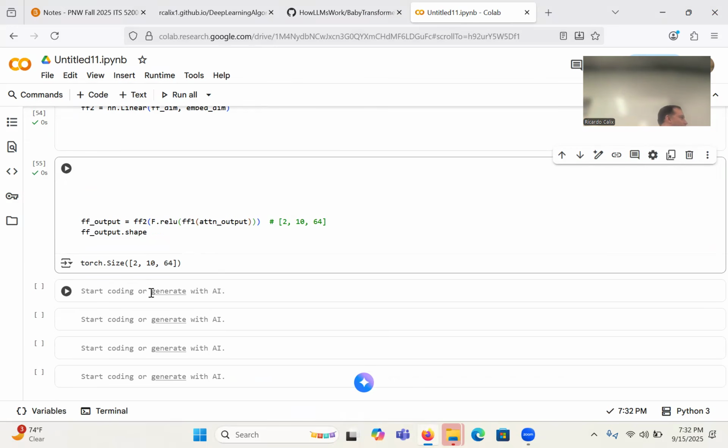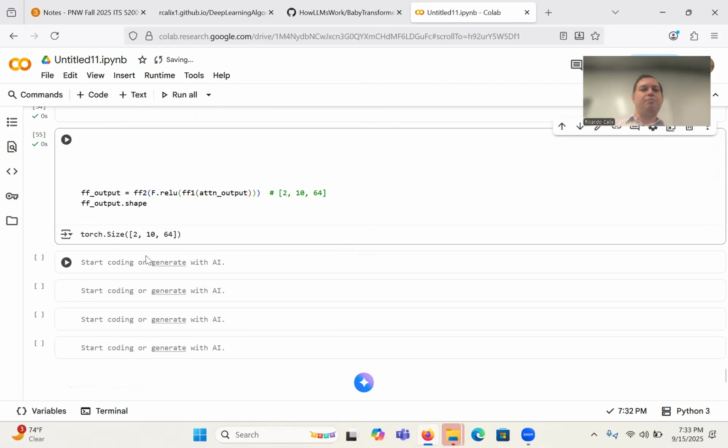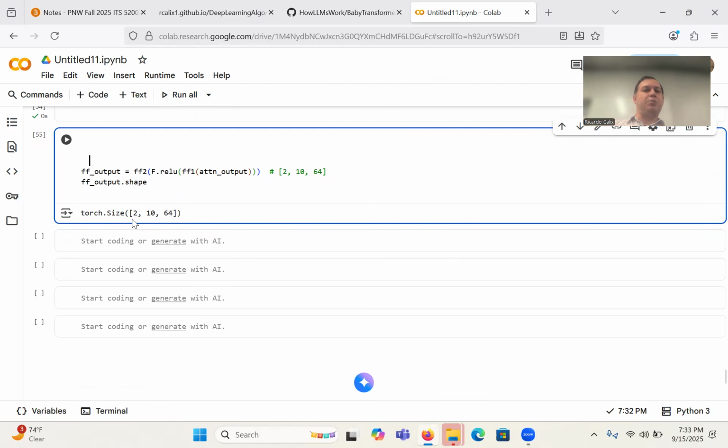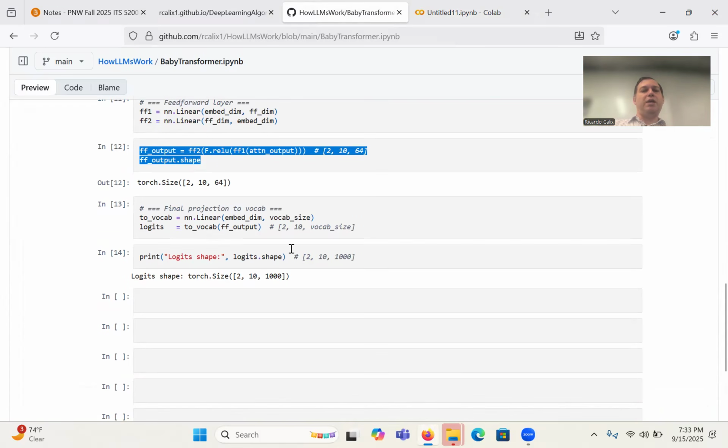So you see this little game that they're always playing. 2 by 10 by 64 goes in, lots of transformations, but 2 by 10 by 64 must come out. Or 32, 40, 512 goes in, 32, 40, 512 must come out. That's essentially so that they can add the same blocks multiple times in sequence. All right, so we just did the projection, but notice the tensor is currently still 2 by 10 by 64.